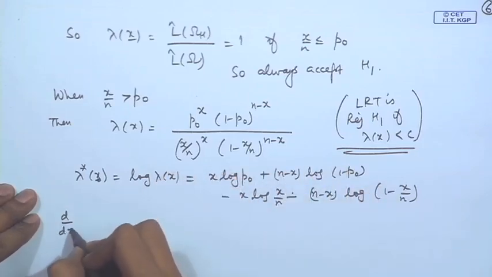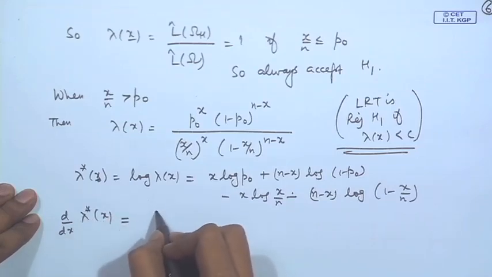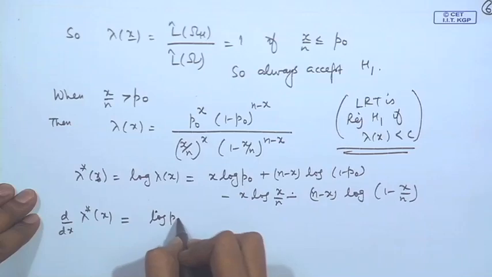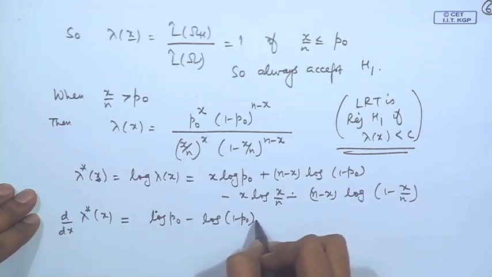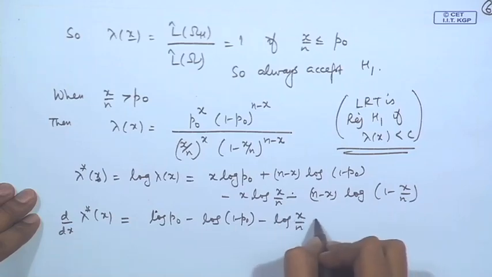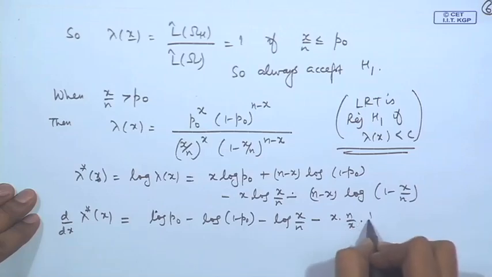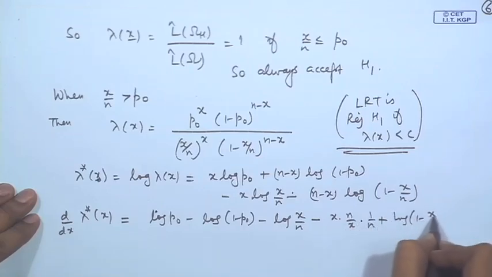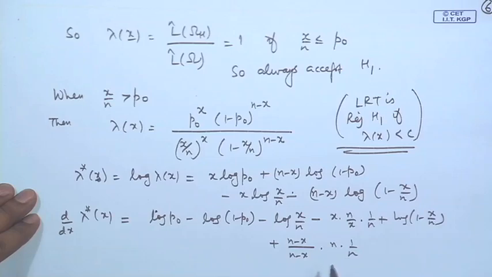If I consider the derivative of this with respect to x, I get log of p naught minus log of 1 minus p naught minus log of x by n minus x n by x 1 by n plus log of 1 minus x by n plus n minus x by n minus x n 1 by n.